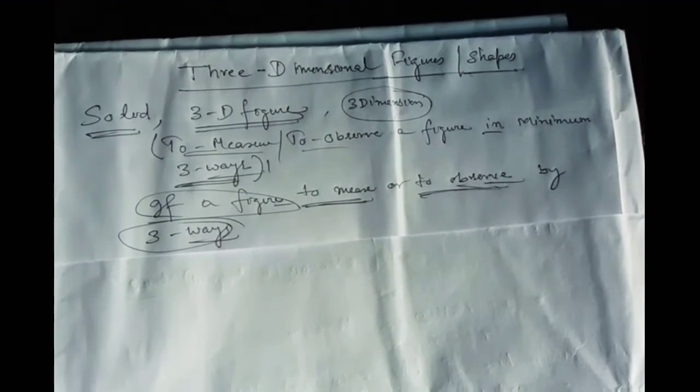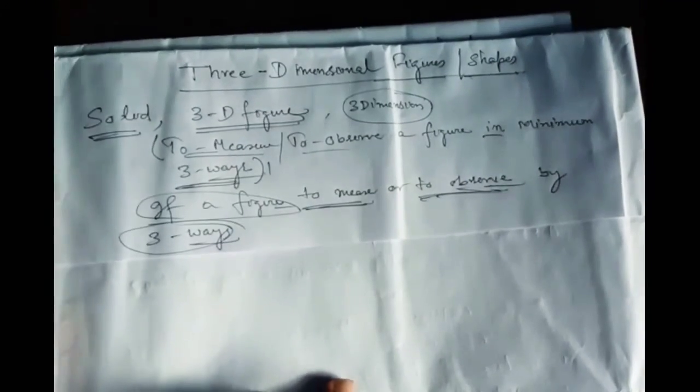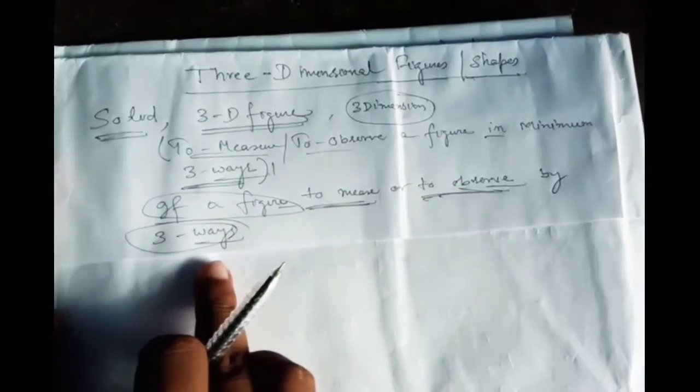That is, to know about the real fact or the real shape of the figure, we have to observe it in three ways. Okay, so that is called the three-dimensional figure.